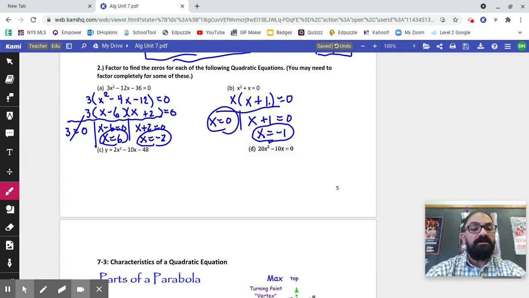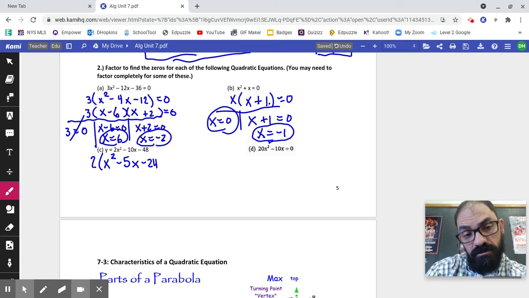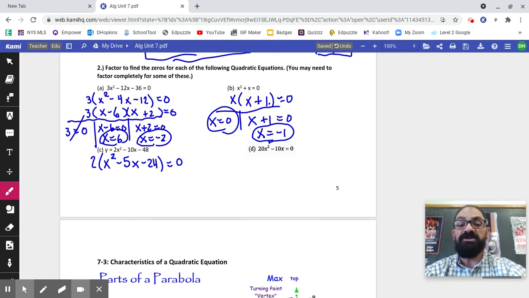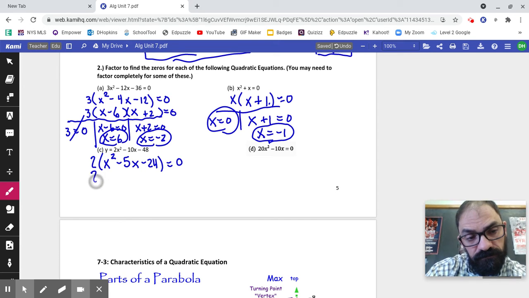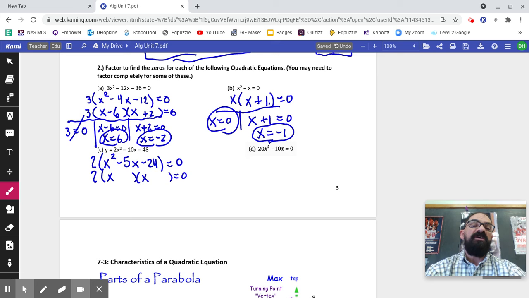All right. C. They're all even, so I know they're divisible by 2. And then I'm going to set it equal to 0. So I did 2 steps there in one. Factor. Factors of 24 that add to get negative 5.